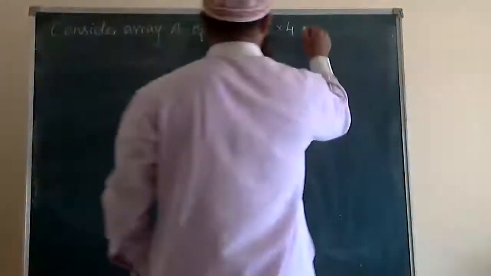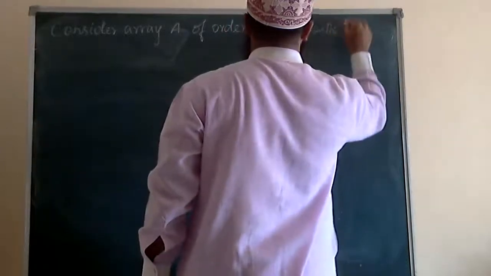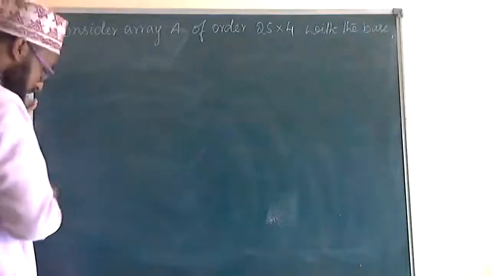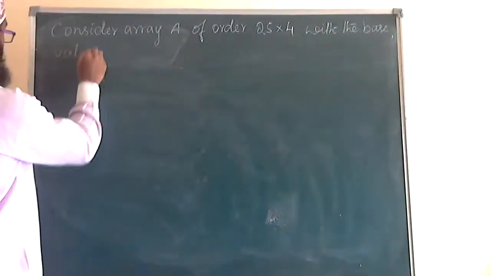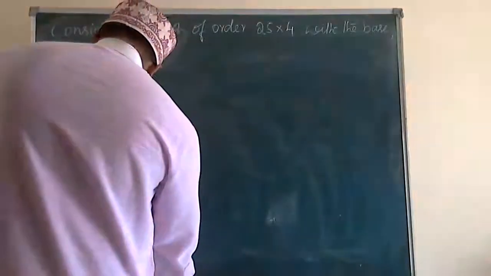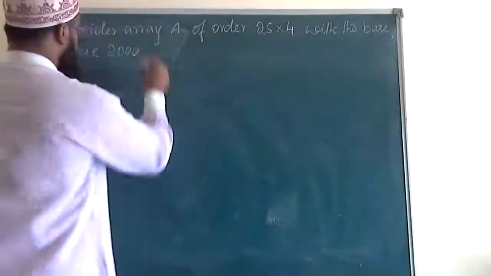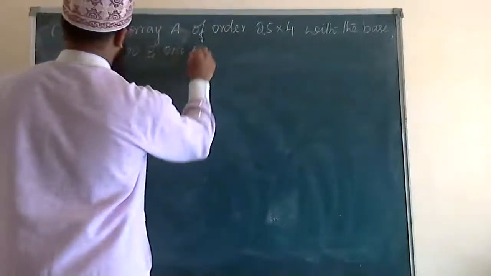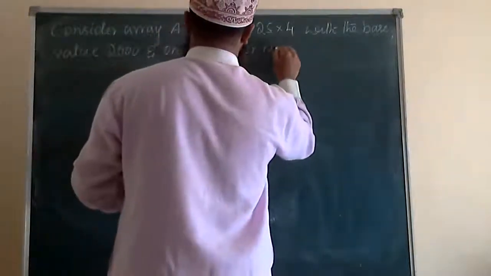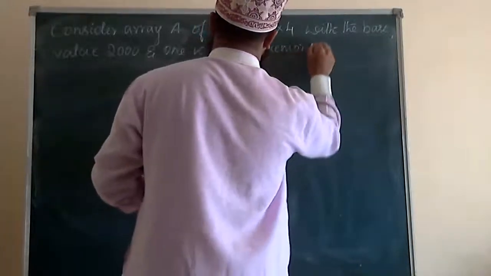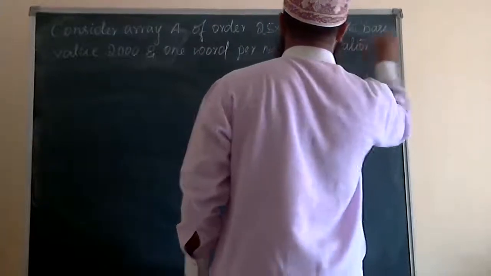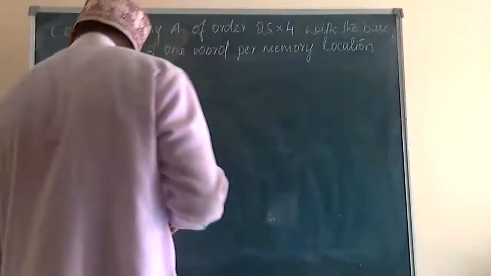The base value is 2000, and one word per memory location.